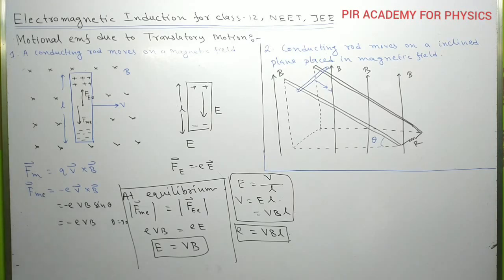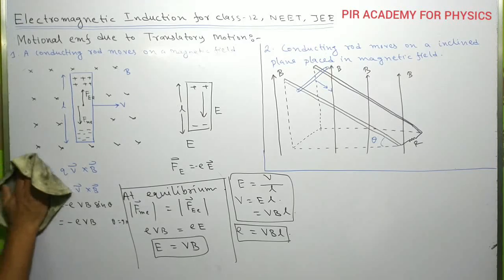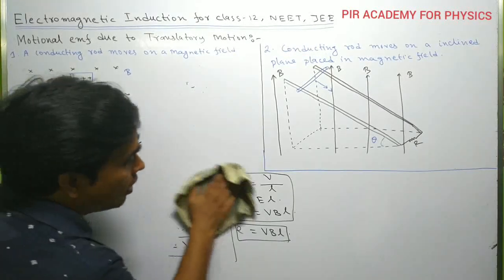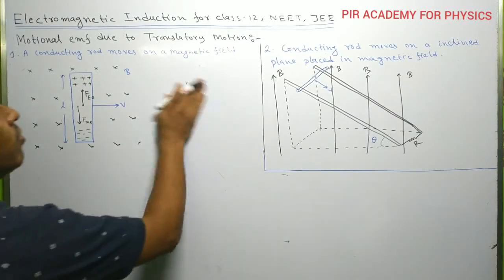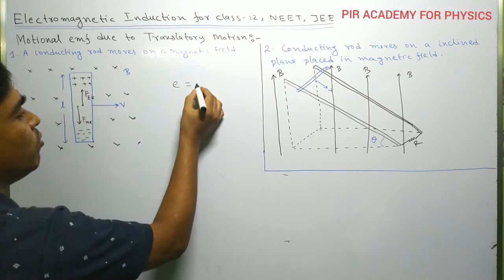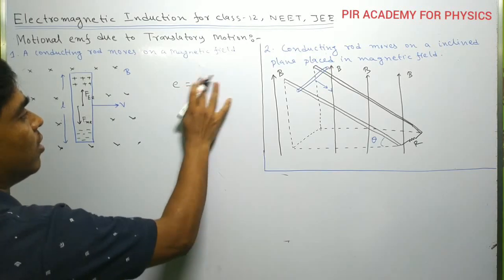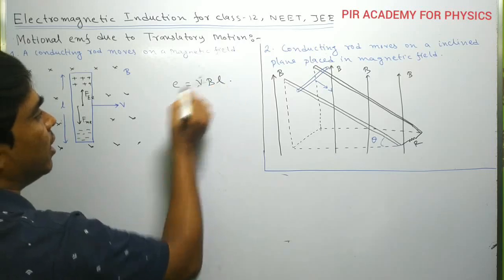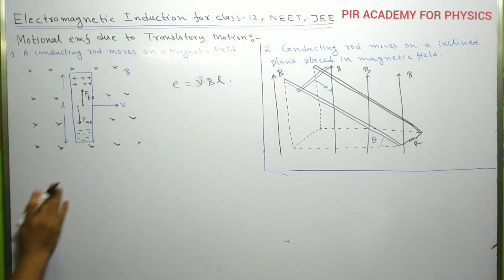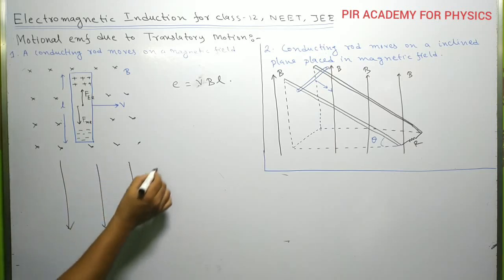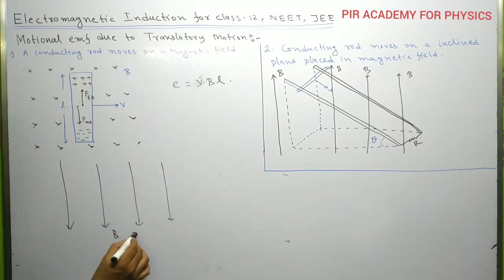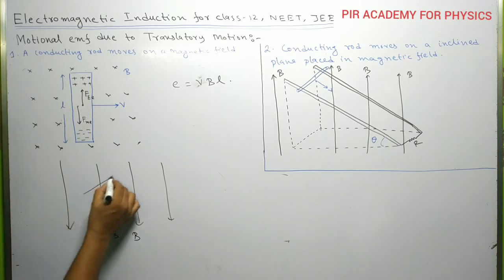Now you have calculated that the induced EMF equals vBL. Suppose this is the direction of the magnetic field, and this is a conductor.